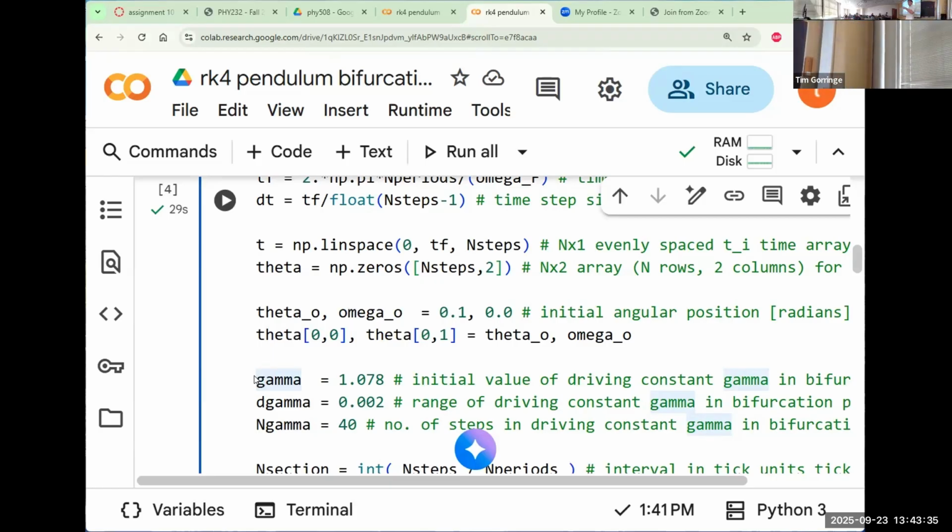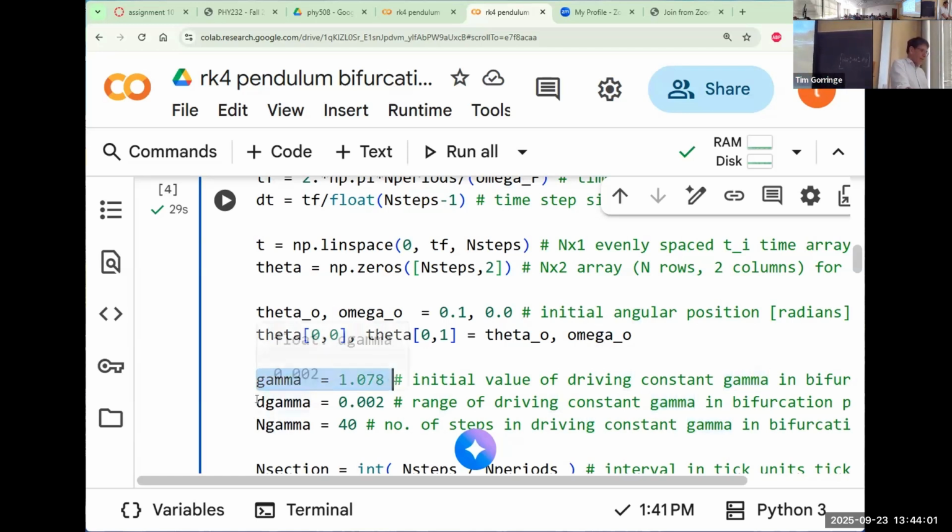I've got one loop when I calculate the solution for a given gamma. That calculates theta and phi from the initial values of theta and phi. I'm going to plug that into another loop that varies the gamma, so that way I can scan gamma and look at the Poincare section points.